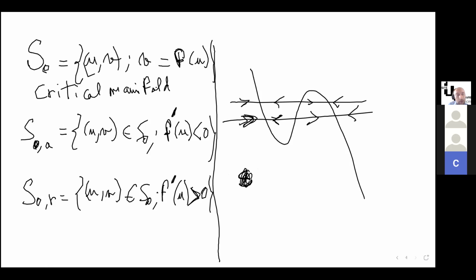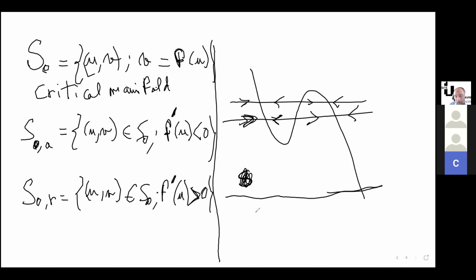So my layer problem gives you the dynamics for epsilon small outside a neighborhood of the critical manifold. And then you can study. So that's the first part of the exercise.